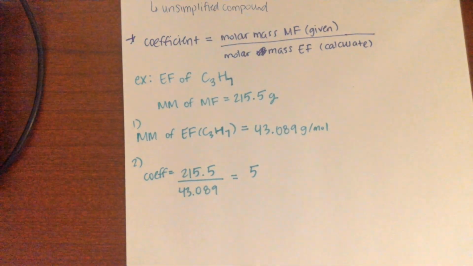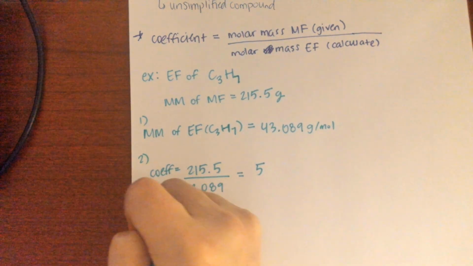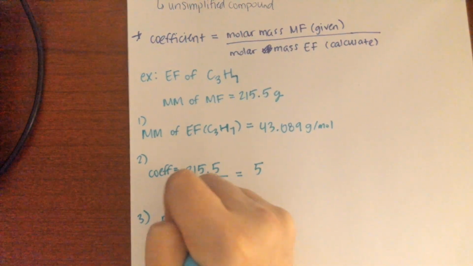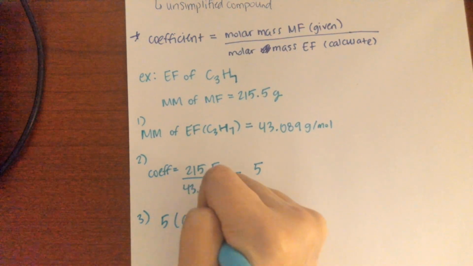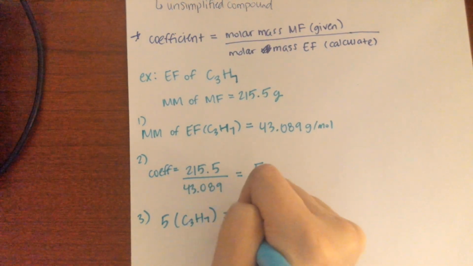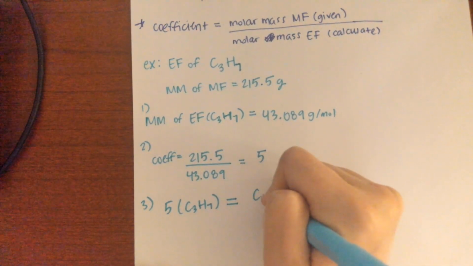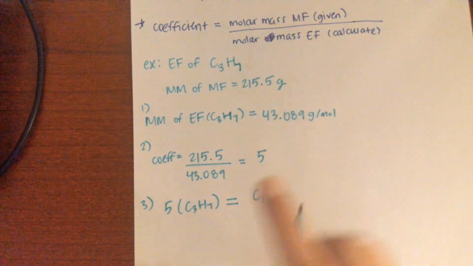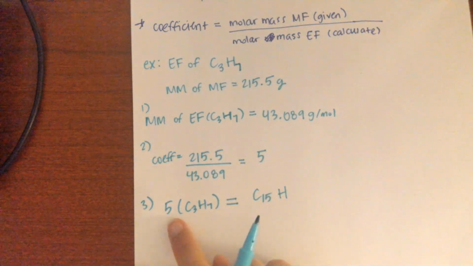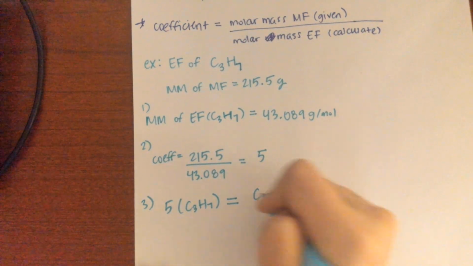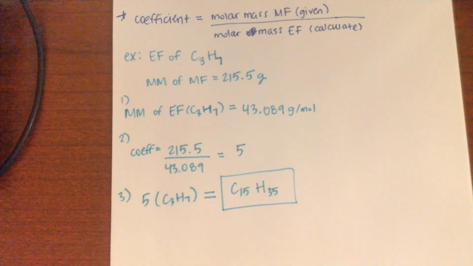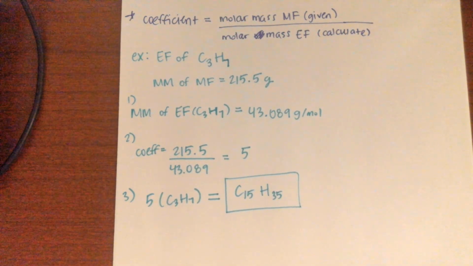Again, we're unsimplifying, so we'll make it bigger. So 5 times C3H7. Instead of 3, what's 5 times 3? 15. Instead of 7, 7 times 5, 35. And that is your molecular formula.